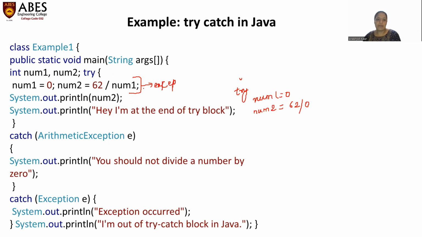To handle this type of exception, there is a catch block. There are two outputs of this program. First is you should not divide a number by 0. And second is I am out of try catch block in Java. I hope you understand this with the example.